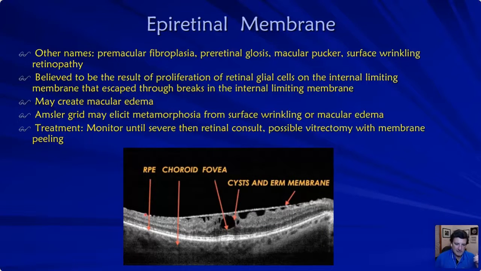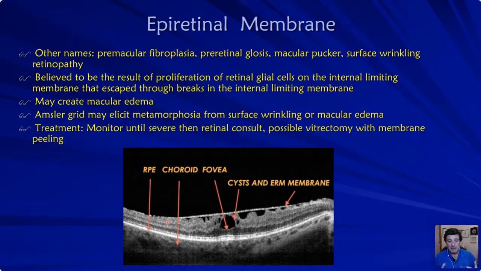Well, what happens is you get this break in the internal limiting membrane, and then in the neurosensory retina there are cells, astrocytes, glia cells, that are trapped in there, and they're able to leak through that crack and grow across the surface. And then it all depends on whether the posterior vitreous is still nearby, whether it attaches itself to the posterior vitreous and grows across, or the posterior vitreous is far enough away.